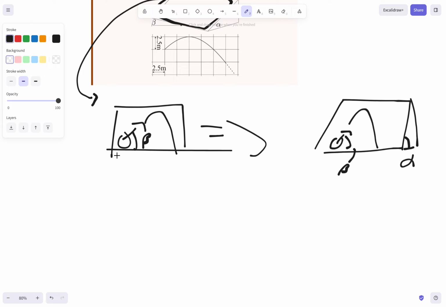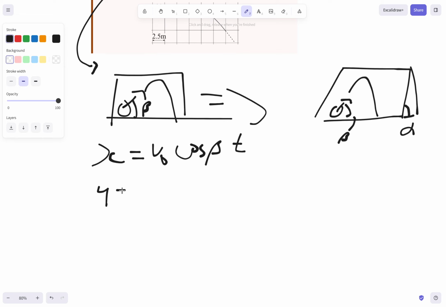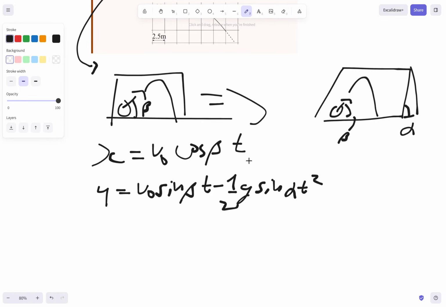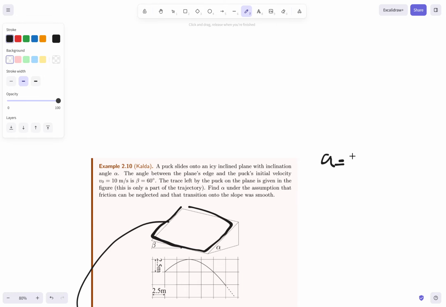So first thing to do is to write the equations. x equals V0 cos beta t, and y equals V0 sine beta t minus 1 half g sine alpha t squared. And acceleration is going to be equal to g sine alpha.